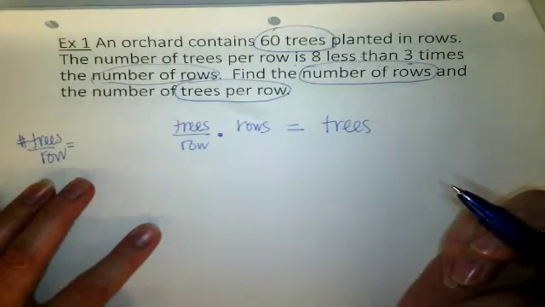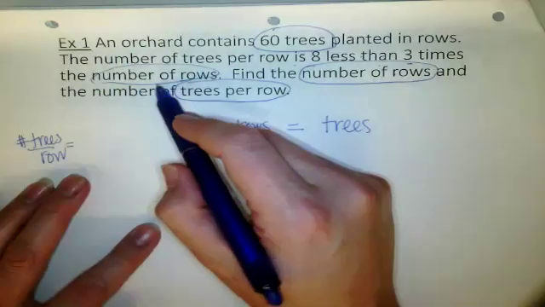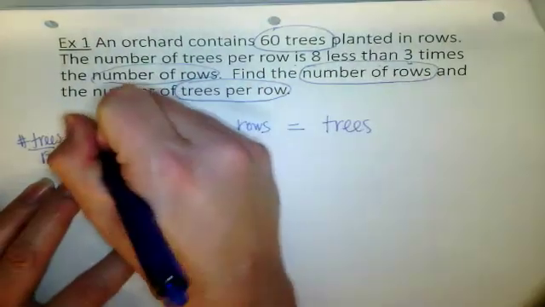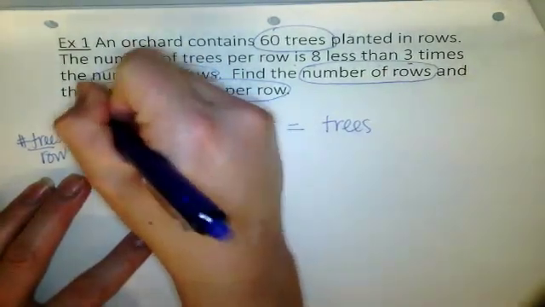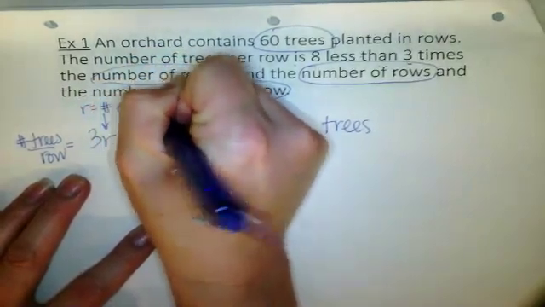What can I write for that? Okay, 3R. So you're saying number of rows we're going to call R? Okay, cool, that works. 3R minus 8. All right, so R equals the number of rows. Does that make sense to you?